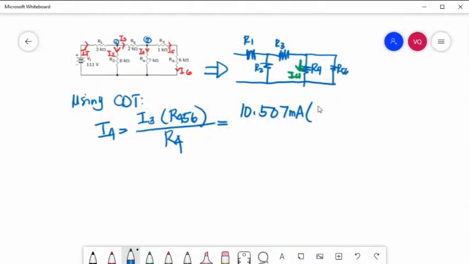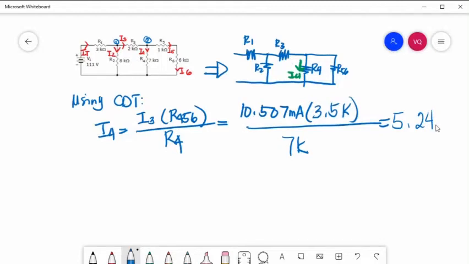So, 3.5 divided by R4 is 7K. So, I4 is equal to 5.254 milliampere.